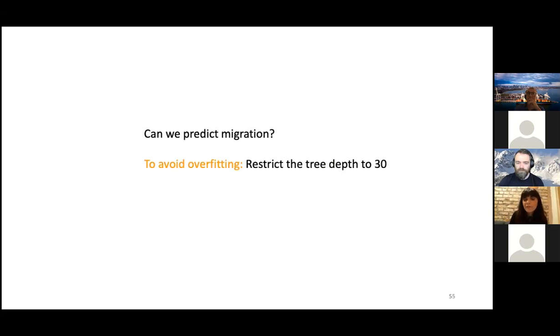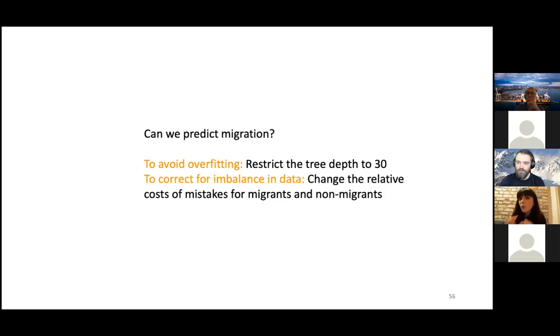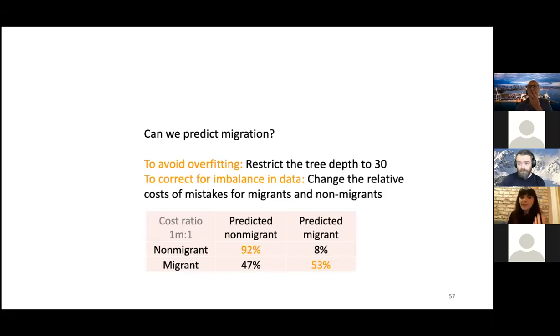Now, what if we introduce some restrictions into the complexity of our model so that it's not fitting the training data so well, but it generalizes better to the validation data. So we do some of that. We also try to correct for the imbalance in the data by changing the relative costs of making mistakes for migrants and non-migrants. And again, that changes things a little bit.